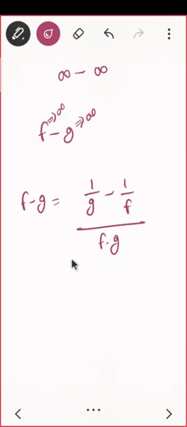So what is f minus g? That will be equal to, if I make it, (1 upon g minus 1 upon f) upon (1 upon f into g). Try to see, what will this be now?